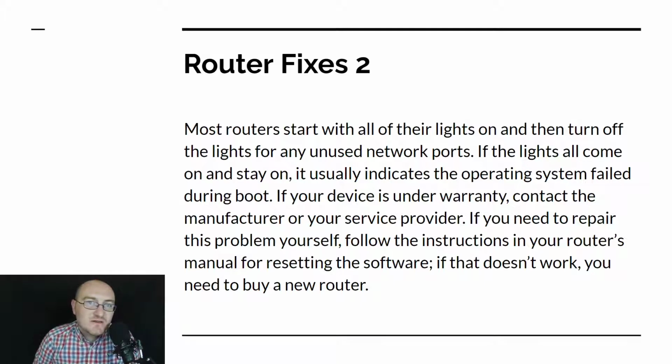So if your device is under warranty, then you need to contact the manufacturer or your service provider to try to get a replacement. If you need to repair the problem, then look at the instructions for your router. And if you don't have the manual anymore, you can also just Google, let's say you have a Linksys router, all lights on, help, and you'll find steps. If nothing works, then you may have to buy a new router.